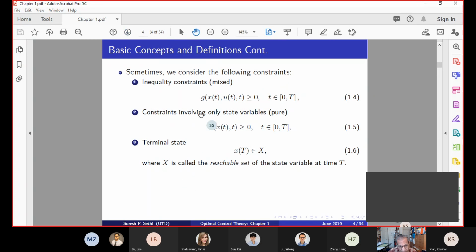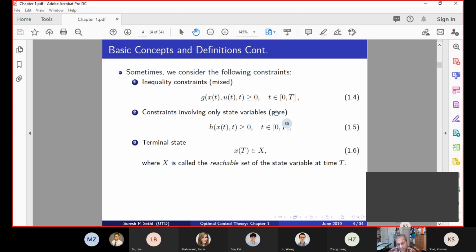It is also possible that there are some constraints on x, t, and u at any given time t. We are going to consider these constraints to be mixed inequality constraints, because at any time t, x of t and u of t must satisfy this constraint. So they are called mixed constraints. There may also be constraints that do not involve u, that means they do not involve the control variable.